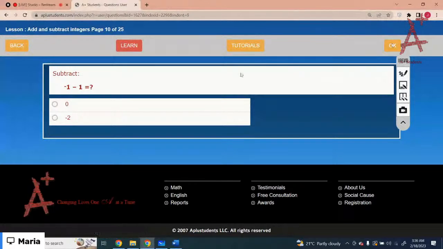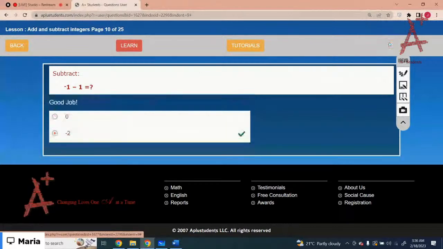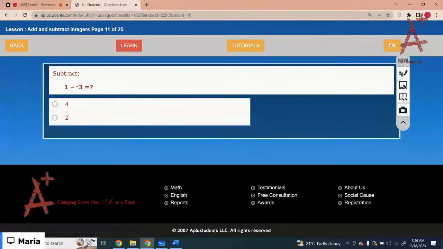So the correct option is negative 2. 1 minus negative 3. So subtracting a negative number is same as adding. Got it? So it would be 1 plus 3 and 1 plus 3 equals 4. So the correct option is 4.